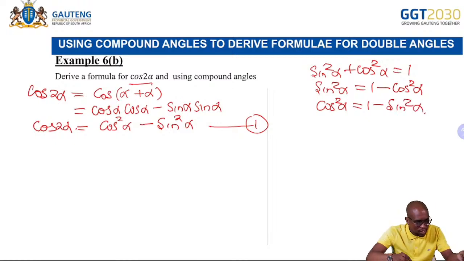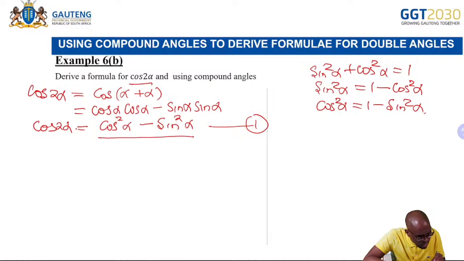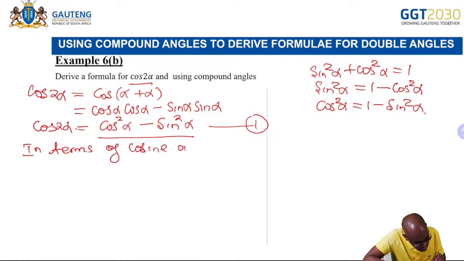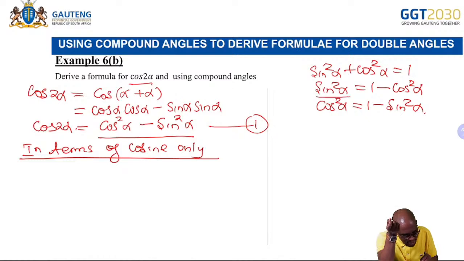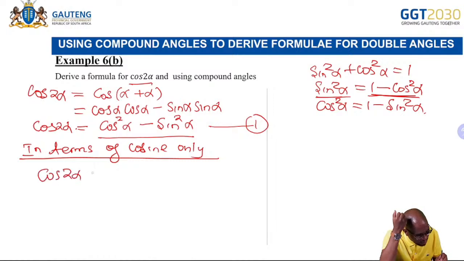So what I'm doing is I'm saying this formula can be written in terms of cosine only. In terms of cosine only, what will I do? Where I see sine, I'll replace the sine squared of alpha with 1 minus the cosine squared of alpha. So I'll get that the cosine of 2 alpha would be the cosine squared of alpha minus (1 minus the cosine squared of alpha).